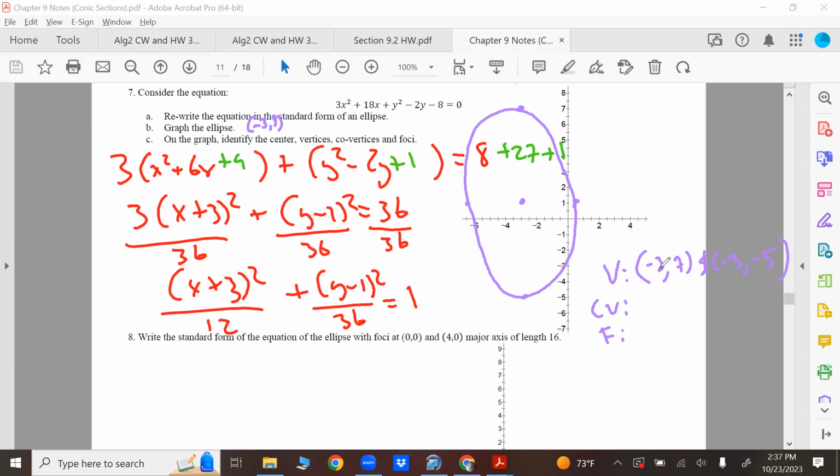Wait, so what did you get outside of the 9? It's 27. About 3 point something.